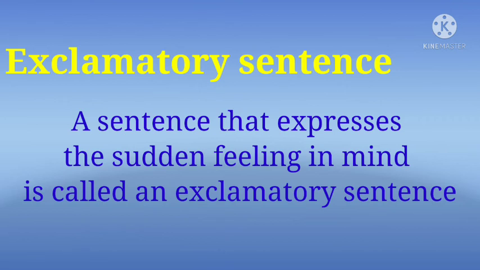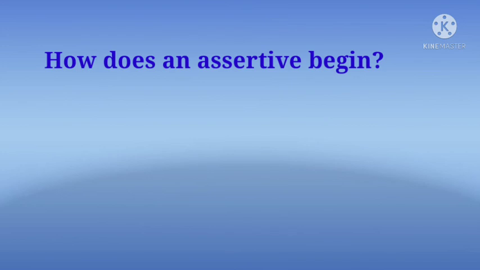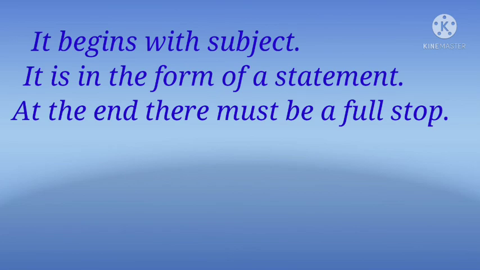But before that, how does an assertive sentence begin? It always begins with the subject. It is in the form of a statement, and at the end there must be a full stop. These are the 3 conditions to be fulfilled if you want to say it is an assertive sentence.